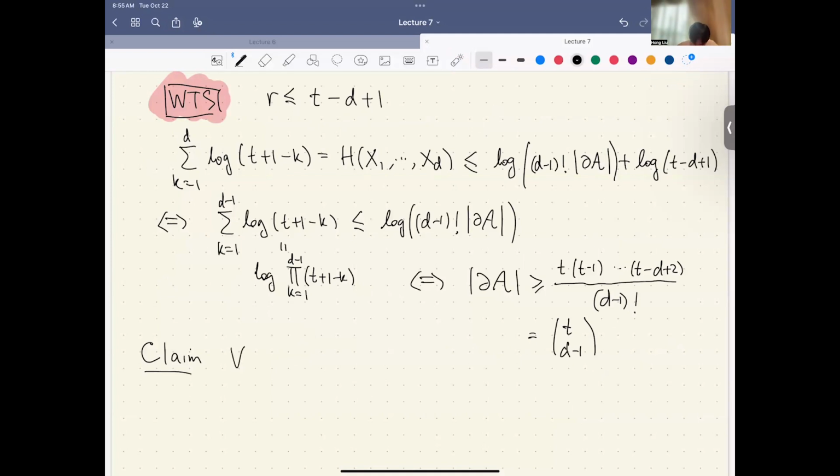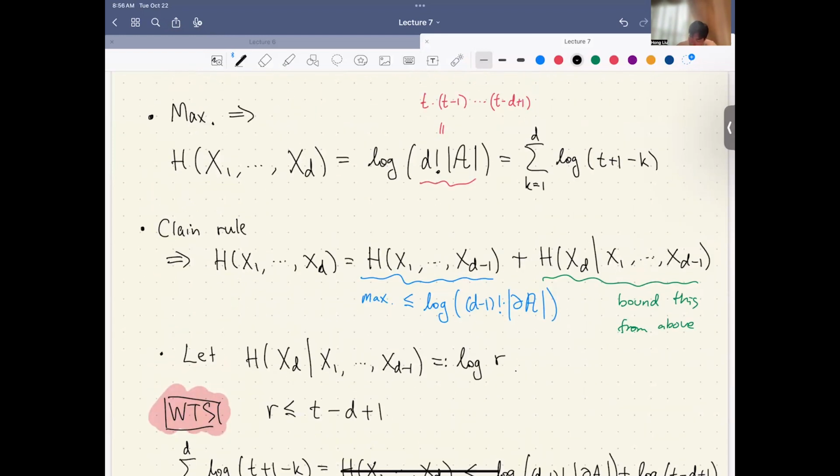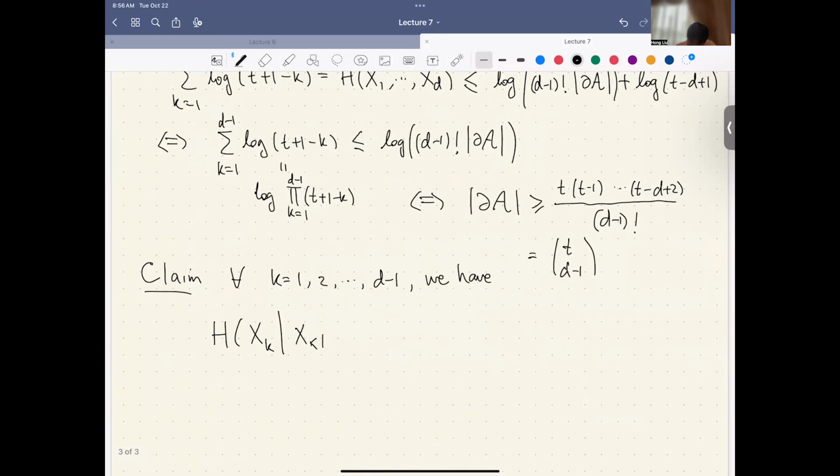For any k equals 1, 2 to d minus 1, we have the conditional entropy of xk given all the previous ones is at least log of r plus d minus k.